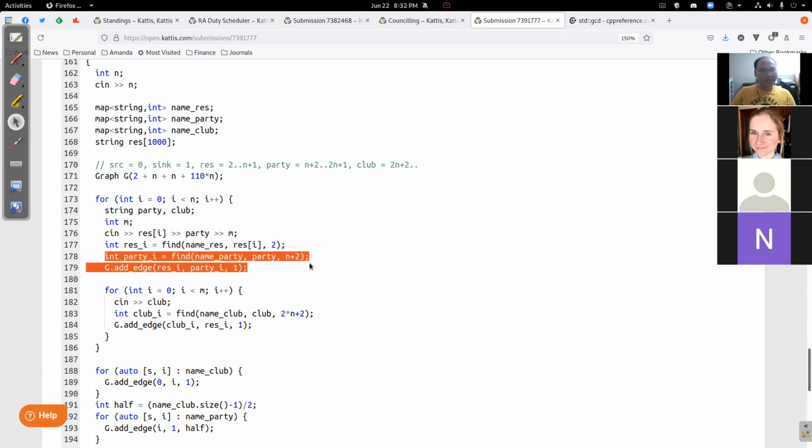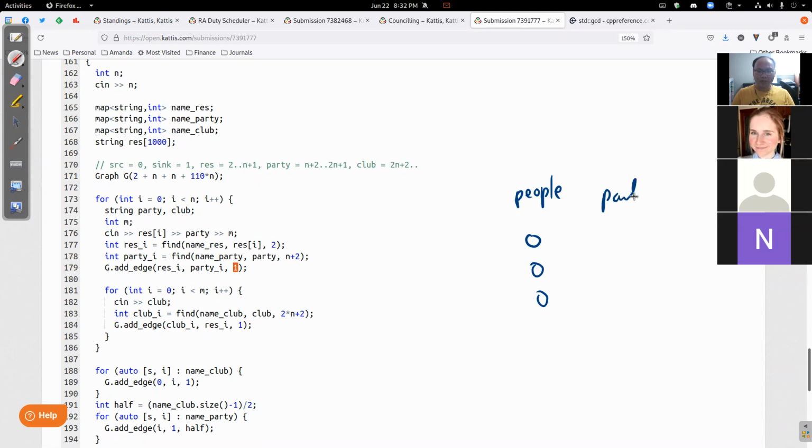I figure out what is the ID of the party, and I add in the offset because I start at 2 here for people, start at n plus 2 for party, so I add in this offset. And I add an edge from the person to the party with capacity 1. Okay, so what was it? People, party, capacity 1. So that's what that is.